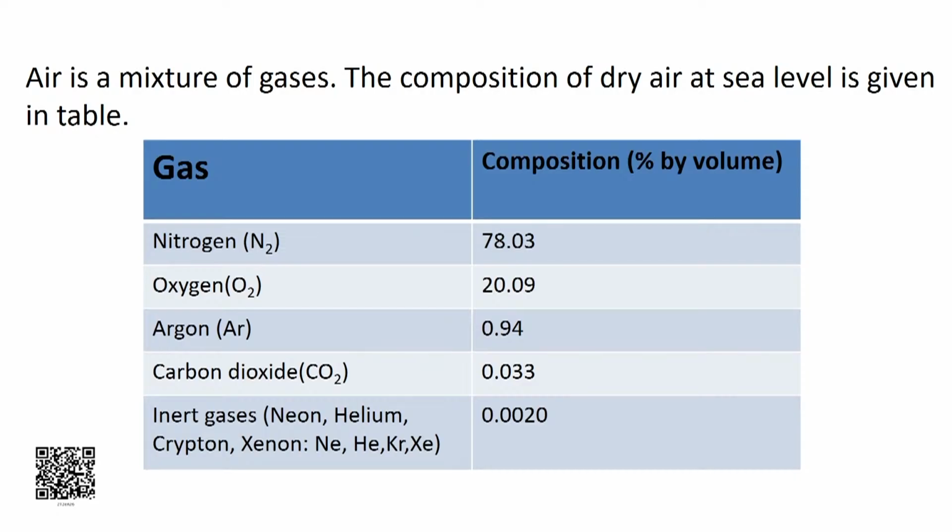In composition, nitrogen is 78.03%, oxygen 20.09, argon 0.94, carbon dioxide 0.033, and inert gases including neon, helium, krypton and xenon 0.0020. We are not including water in this table because its concentration in air varies drastically from location to location.